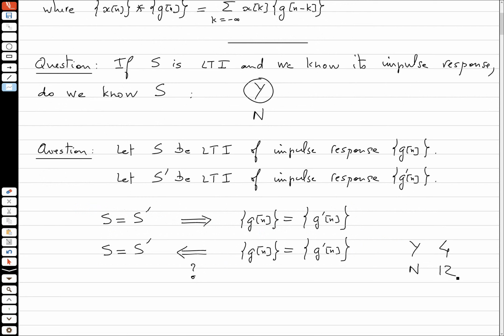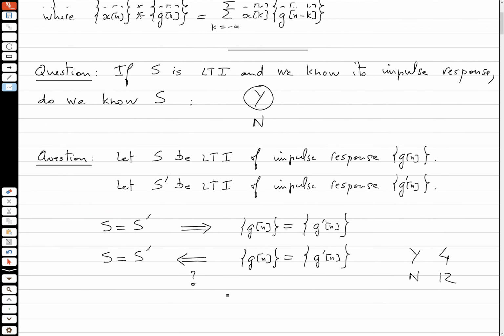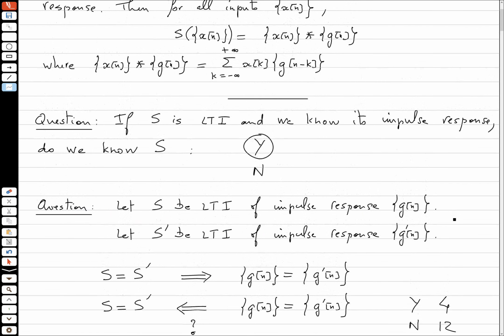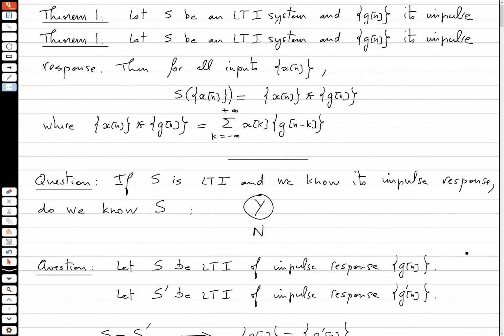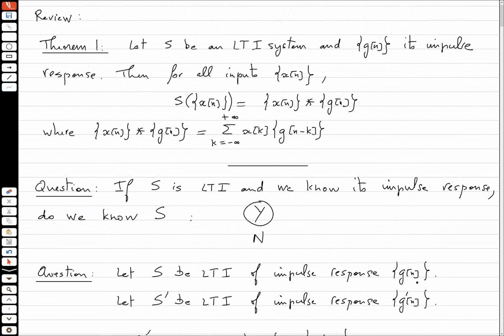You are extremely disappointing. Both S and S prime are LTI. So you can apply theorem 1. That means with g of n, with S, you get this formula, because S is LTI and g of n is the impulse response. For S prime, you can apply the same formula, but you're going to get g prime.